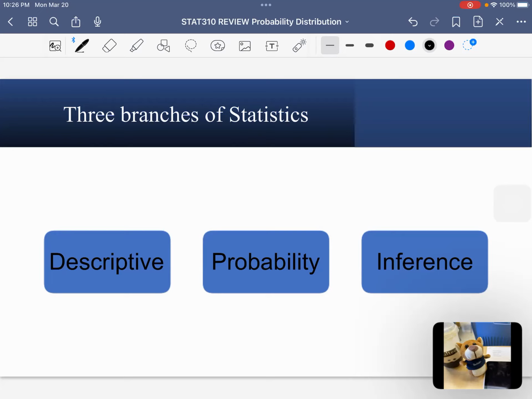Before the midterm, we finished the descriptive statistics, which is basically some basic parameters like mean, mode, median, standard deviation, and also some graphic stuff like the stem and leaf graph, the bar graph, the time series, that kind of stuff. And then we come to the probability, and then come to the inference. So we are now at this point.